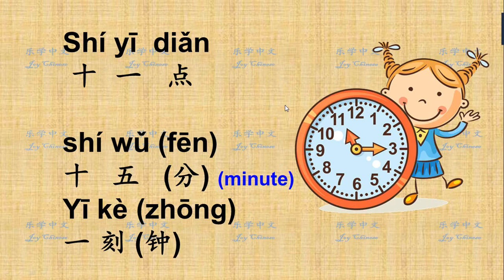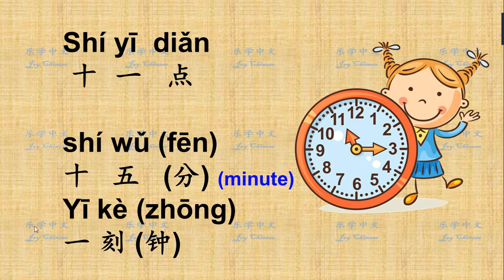Then 15 minutes. 15 means 15. 分 is minutes, shortened. We learned in the last slide 分钟. Here we don't say 钟, we just say 分. You can even make it shorter: you don't even say 分, you just say 11点15. Then you know it's 15 minutes after 11 o'clock.